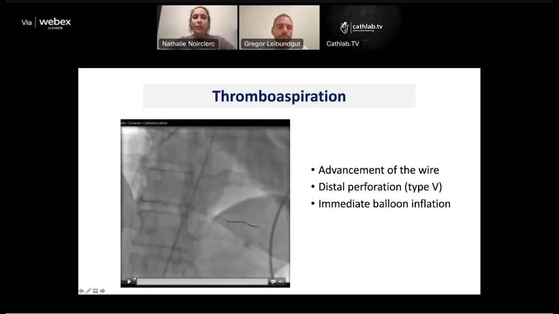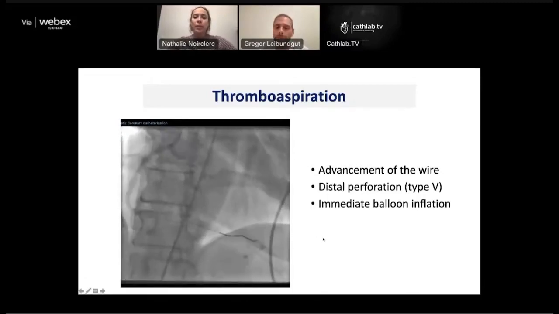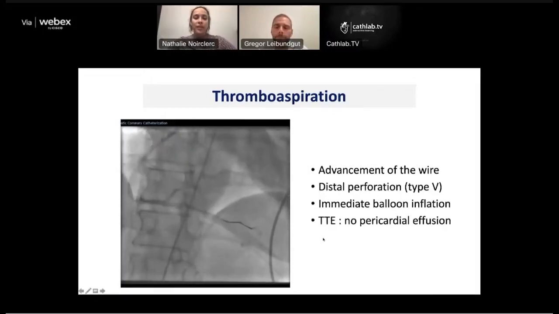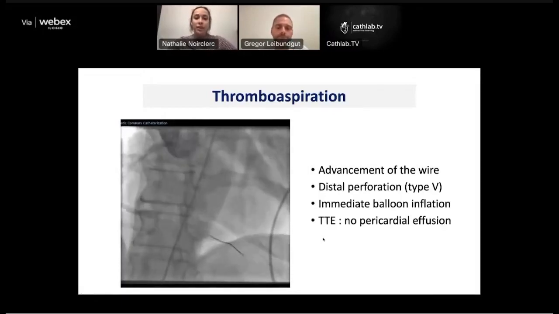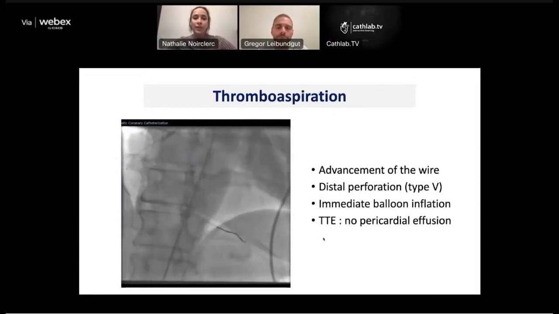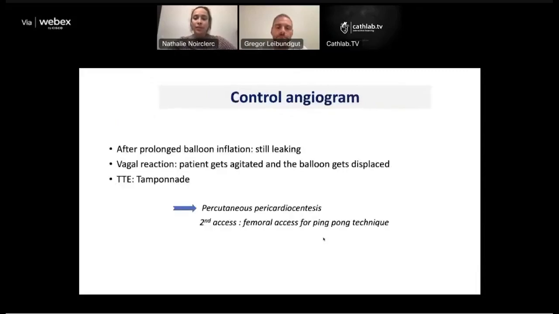So he proceeded to an immediate balloon inflation and waited to see if it sealed, but the leak was still there. Also after the balloon inflation, the patient had a vagal reaction. The balloon got displaced, and she had a tamponade as well.